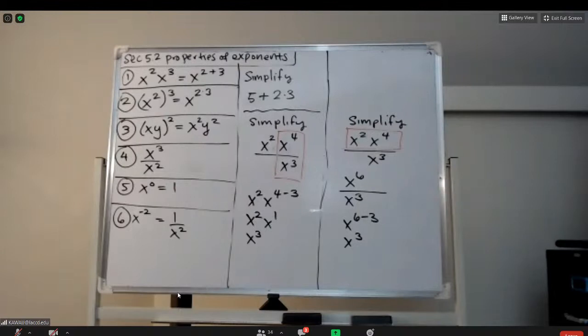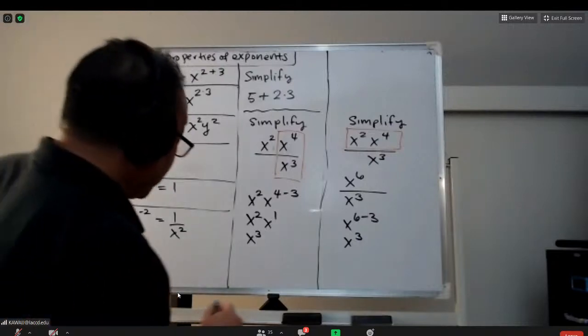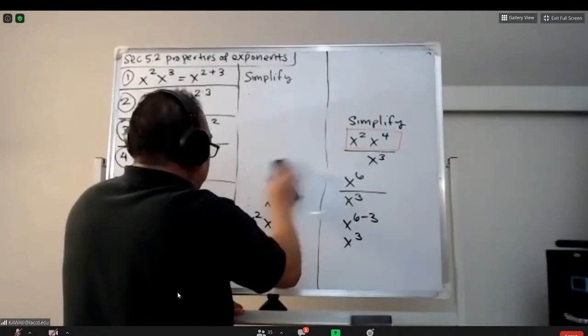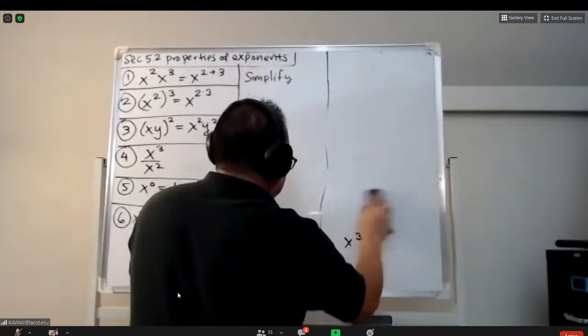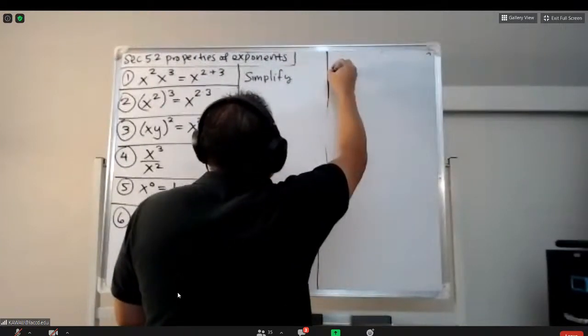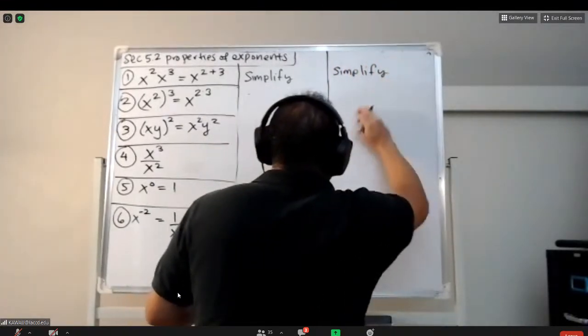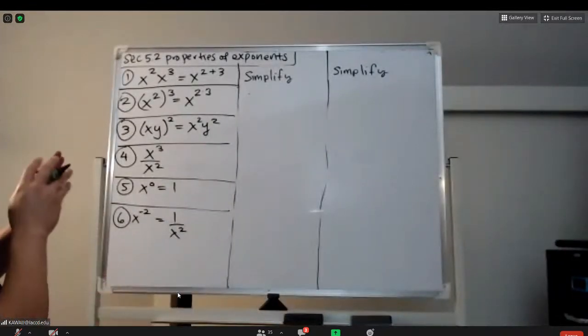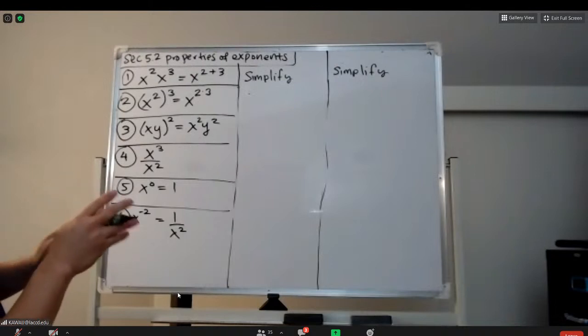Okay, so go ahead, copy that, and now we're going to play around with negative exponents. The rule is you're not allowed to have negative exponents in your answer.